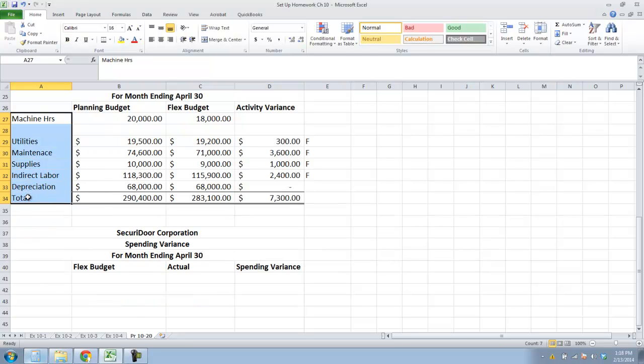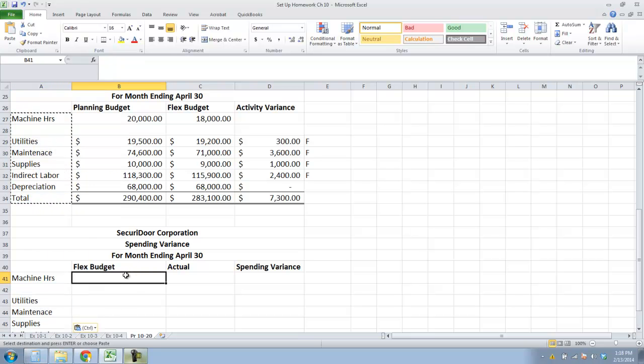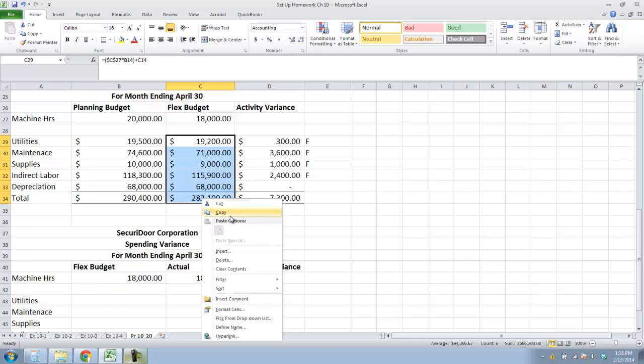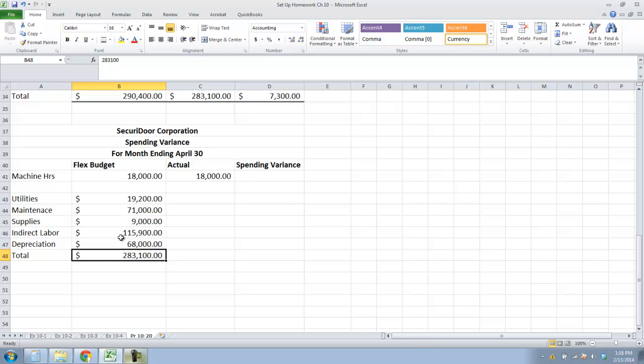I'm going to copy these items so I can save myself from typing. Now on my flex budget, my machine hours will stay the same, and they will be the same for the actual. I'm literally going to copy this number, and paste numbers. Format them, make them look all pretty.